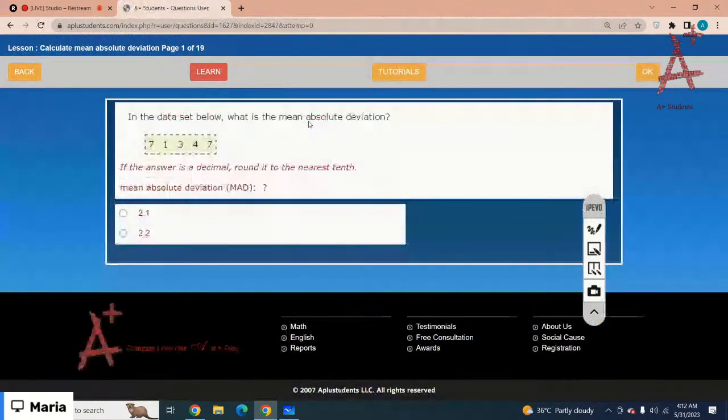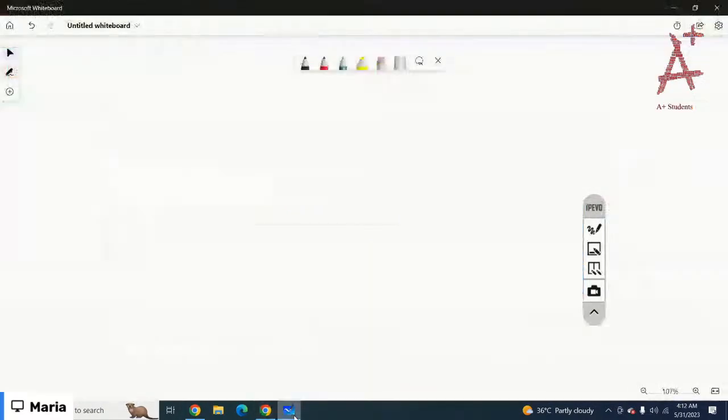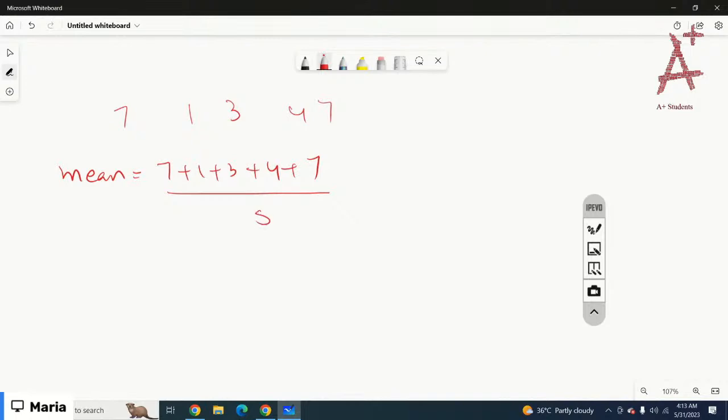Okay, the data set is 7, 1, 3, 4, 7. Okay, the values are 7, 1, 3, 4, 7. Let's just calculate the mean. 7 plus 1 plus 3 plus 4 plus 7 divided by 5.